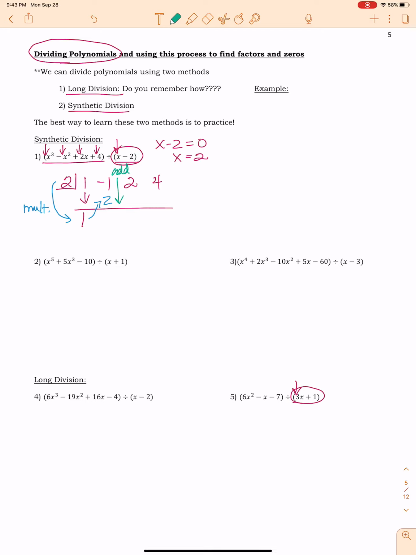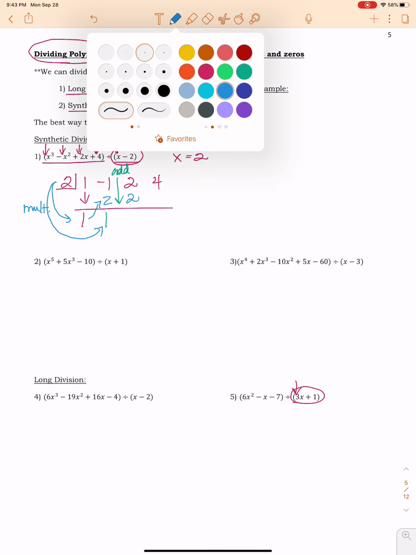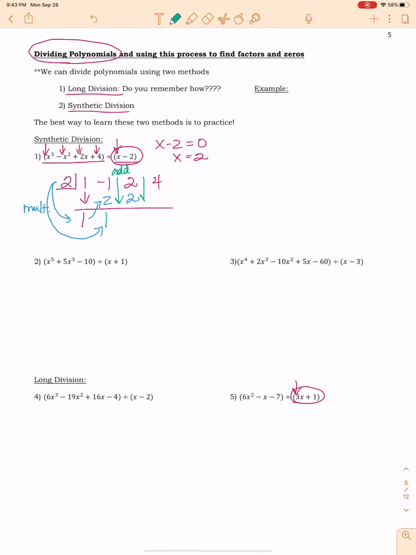So negative 1 and 2 will give me a positive 1. And then I do the process again. So now I take the 2, I multiply it by this 1. It gives me 2. And now I add the 2 and the 2. That gives me a 4.